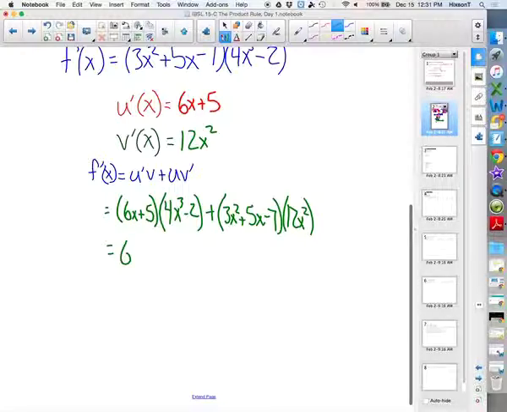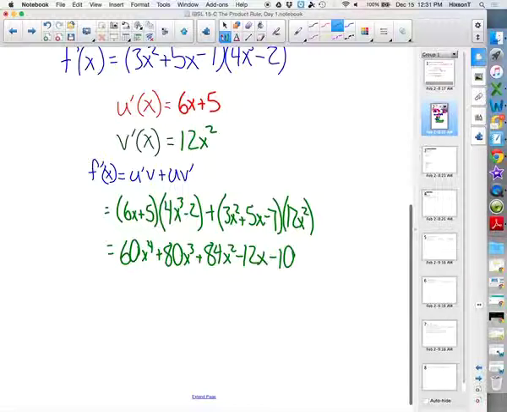60x to the fourth minus 80x to the third. No, I got plus 80x to the third. So that's plus 80x to the third plus 84x squared minus 12x minus 10. I got minus 84x squared. Yeah, me too. Let's see, where do our x squareds come from?